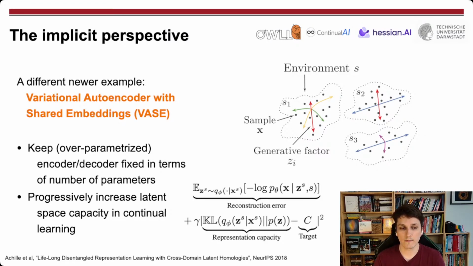So we can put a C, it's called here a capacity term, that is subtracted from the KL divergence here, and initially maybe we can have this be rather large so that we penalize quite heavily, and as the further we go, we can allow it to occupy more capacity, to occupy more of the latent space to accommodate new tasks.